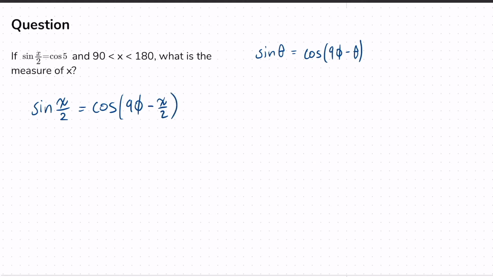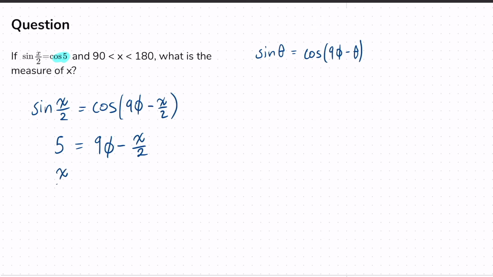This gives us the equation, right? If that's the case, then cos is 5, right? Cos 5. So this means that 5 is equal to 90 minus x over 2. Now we can solve this as you would normally.